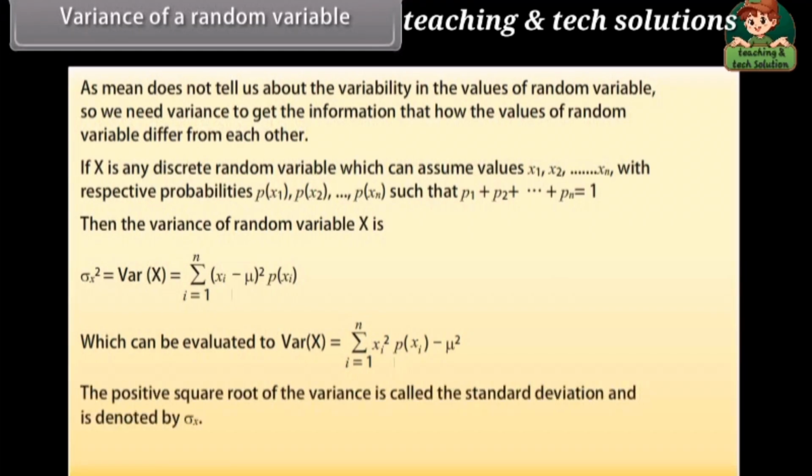The positive square root of the variance is called the standard deviation and is denoted by sigma x. Thus, sigma x is equal to the square root of variance.